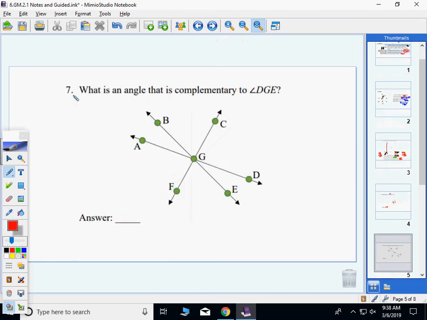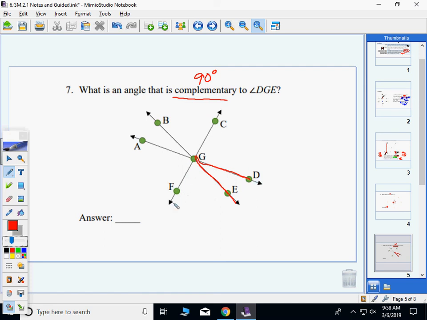All right. Number 7, what is an angle that is complementary to angle DGE? Complementary means it makes a 90-degree angle. So DGE, I have to find that. What angle makes a right angle or 90 degrees with it? DGF? DGF.